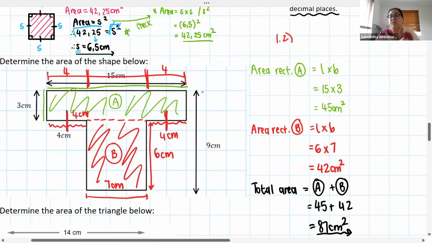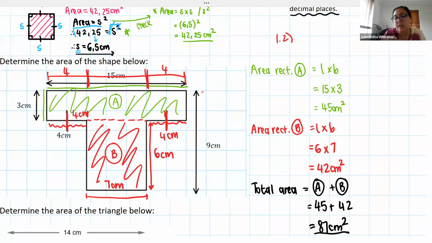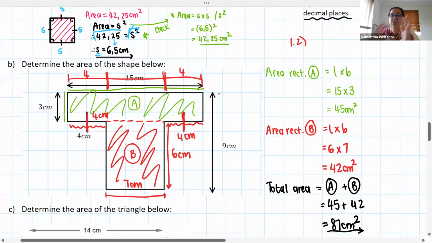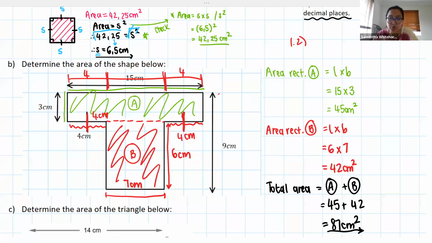So guys, I just don't know why it went all wiggly, but it doesn't matter. When you are doing these types of shapes, you need to be able to break your shape up into shapes that you know how to work with: rectangles, triangles, squares, etc. And then work out the area of those individual shapes to then add together.